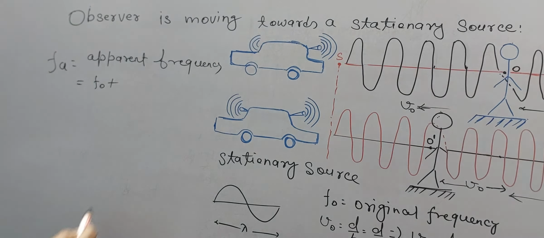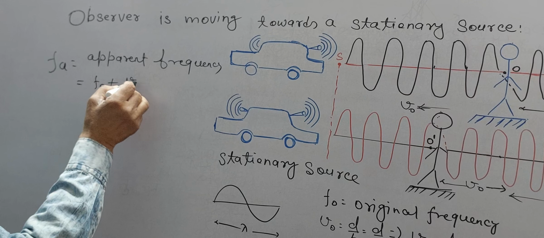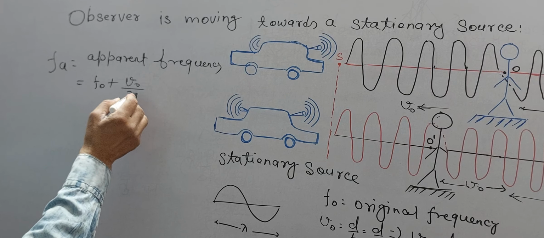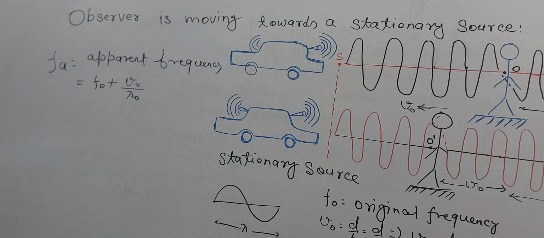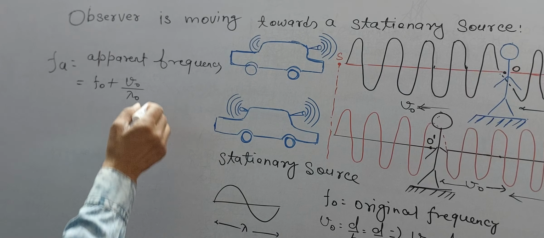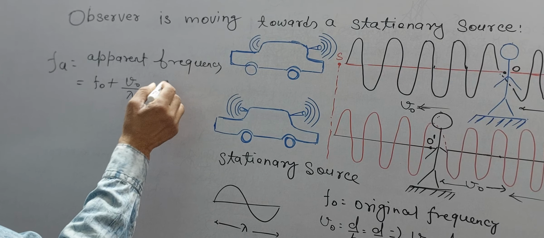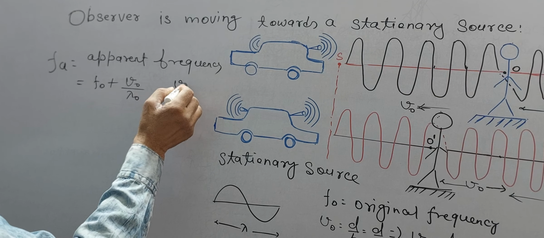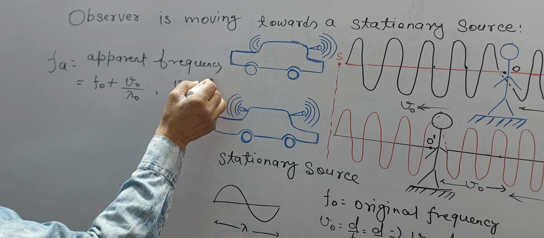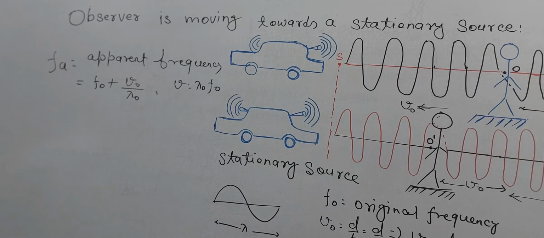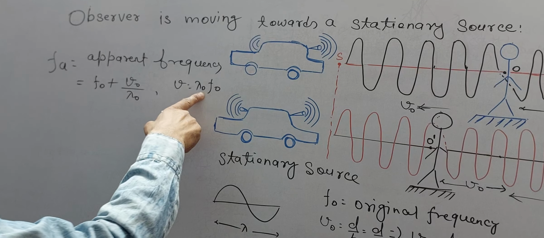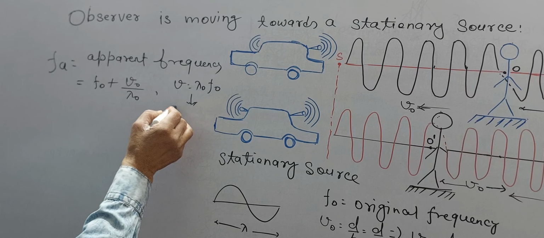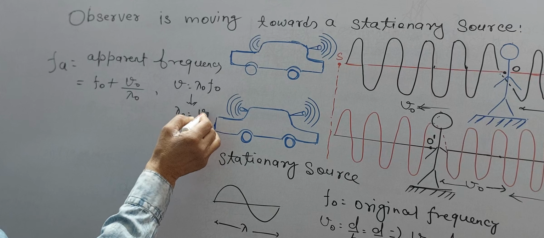That value comes out v0 divided by the original wavelength. We also know that velocity is equal to original wavelength times original frequency of the sound. If I calculate the value of lambda naught from here, lambda naught comes out V divided by f naught.